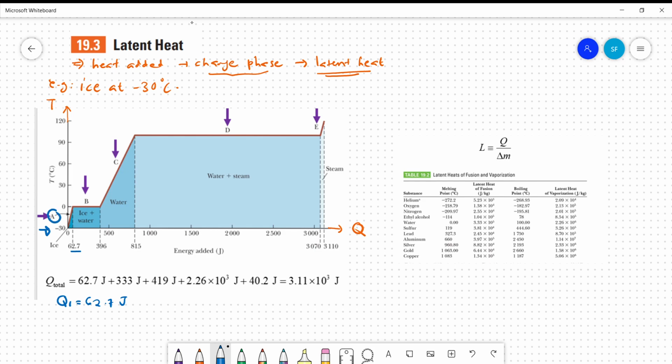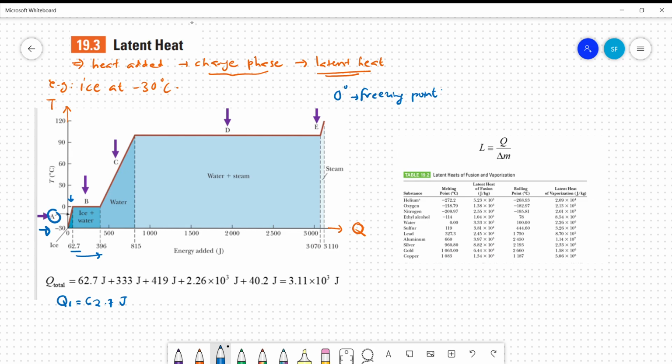And then what happened after it reached 0 degrees Celsius? Now we know that 0 degrees Celsius is the freezing point of water. So what happened at 0 degrees Celsius? The ice begins to melt. As the ice begins to melt, when we continuously add heat, what happened?